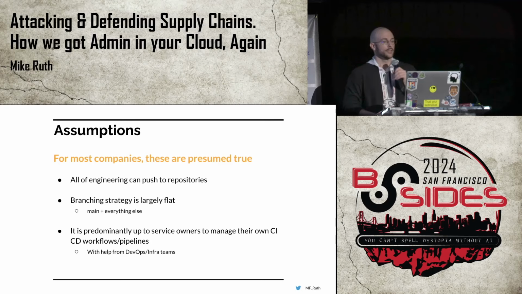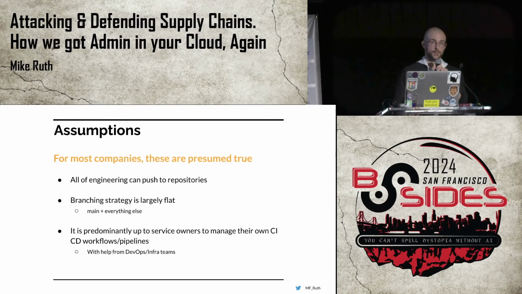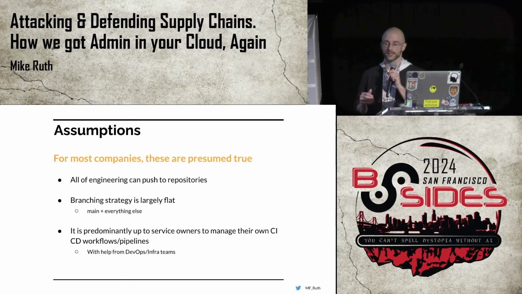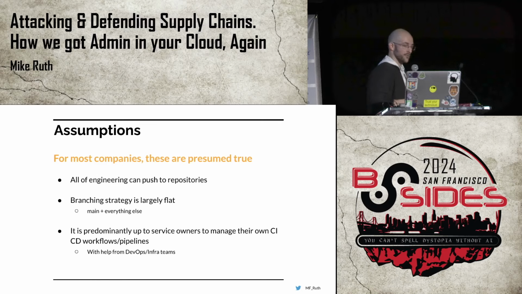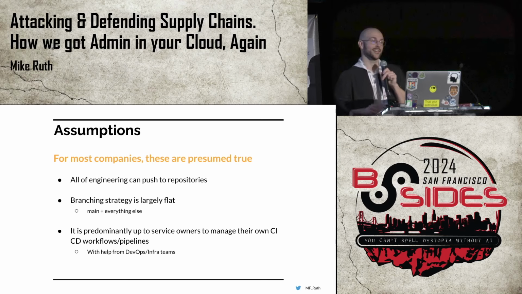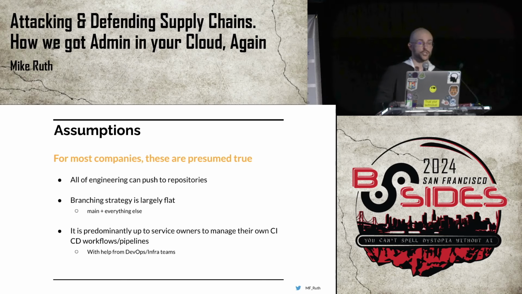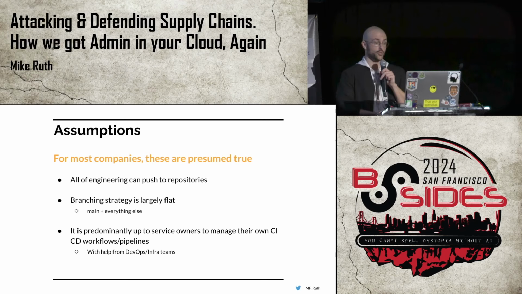Okay, so we have a couple of assumptions based off of the reference architectures that we've described here. One thing that I like to do on this slide, because this is the second time that I've presented it, is poll the audience, show of hands. How many people have either currently worked at, or at some point in the past worked at, an organization that allows all of their engineers to push pull requests or just push code to any of the repositories in their environments?